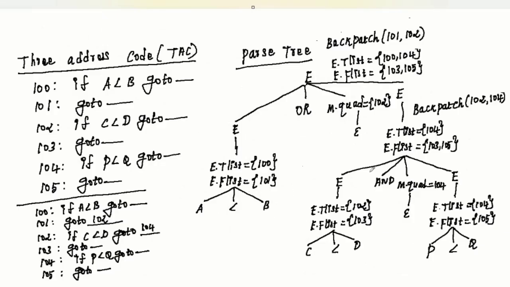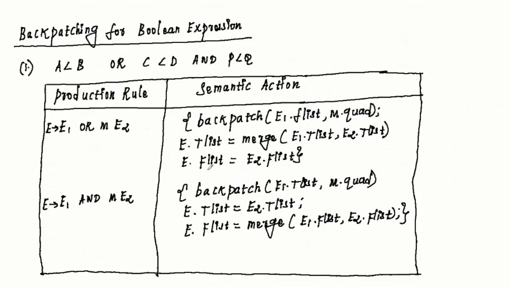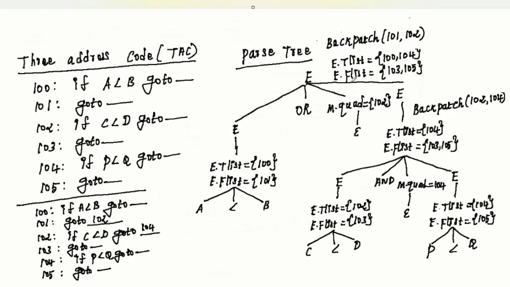Looking at the annotated parse tree, E1 true list is 100, E2 true list is 104. Combine these two lists: E dot true list equal to 100 comma 104. Next, E dot false list equal to E2 dot false list, which is 103 comma 105. Write it here.